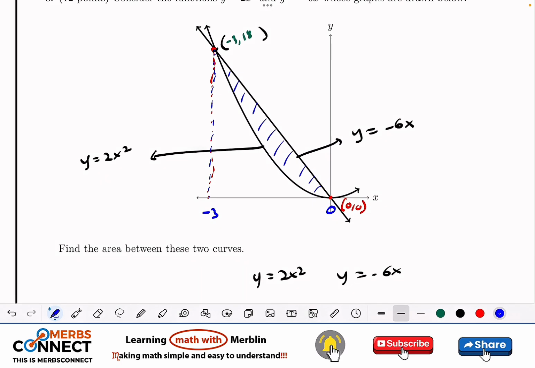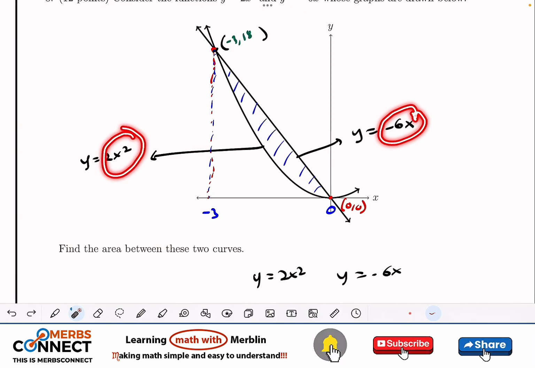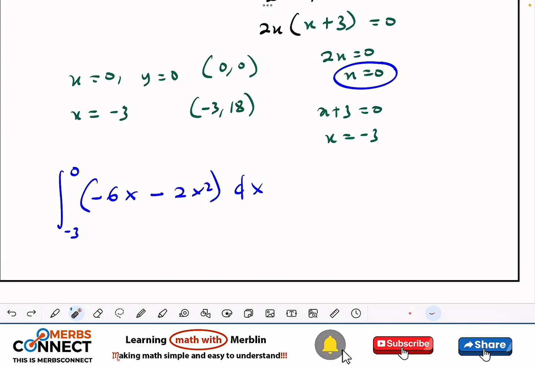If you want to find the area between two curves, what you need to do is pick the function, the graph which is above. You can see that this one here is the one above, minus the function below. So the function above is minus 6x minus the function below, which is 2x squared. So this is what we have here.